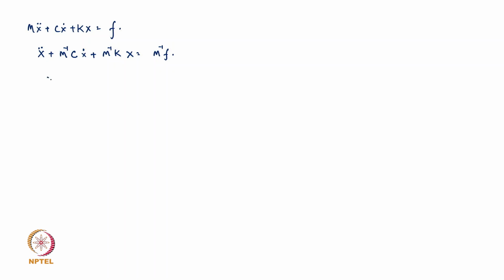So here I can write X double dot equal to minus M inverse C X dot minus M inverse K X plus M inverse F, and that favorite equation X dot equal to X dot. That is the auxiliary equation: that is equation 1, and that is equation 2, the auxiliary.